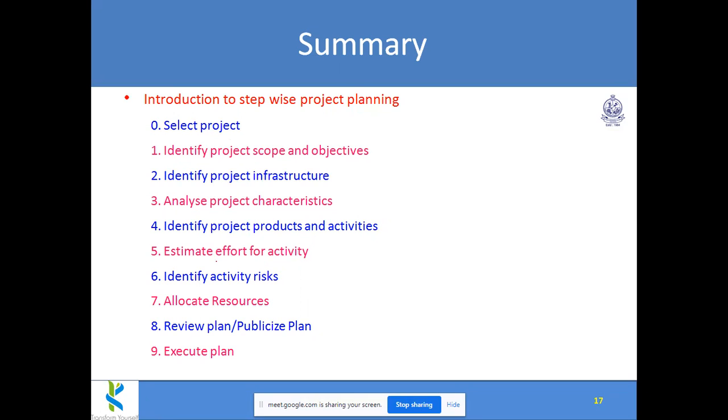But when financial matters are involved, it is very much essential that we do it procedurally, following all these steps, so that the final outcome will be towards success. Like 90%, 95%, 99%, we can achieve success. So that is the idea. So this is all about the overall project plan.